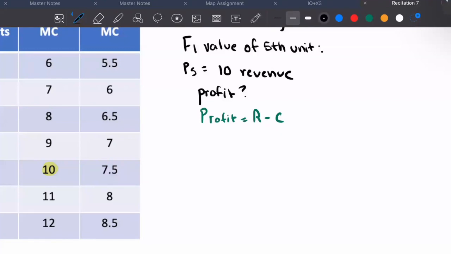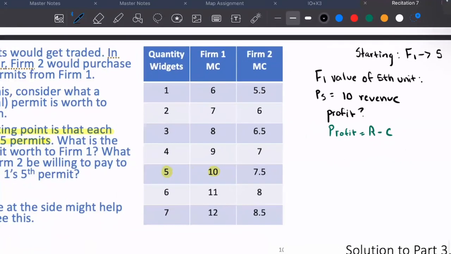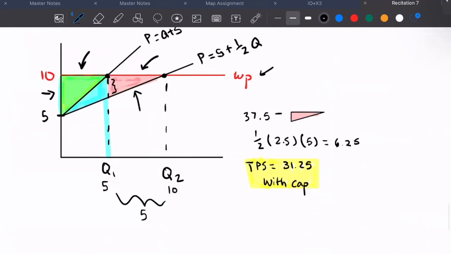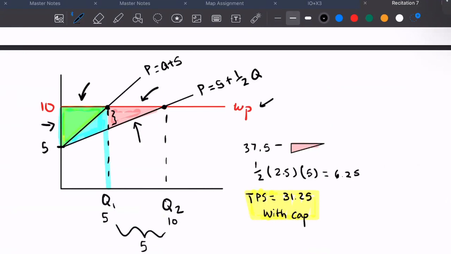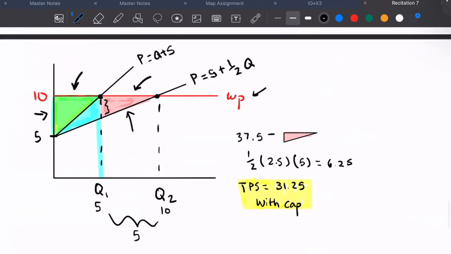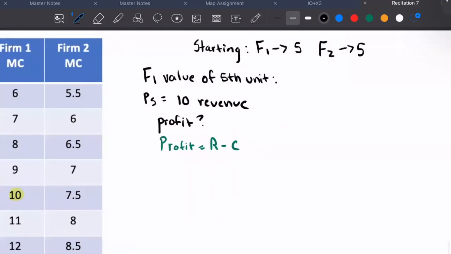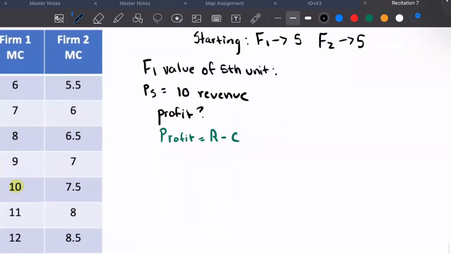So we're given a marginal cost schedule. And the way that we figure out these costs is we know that the supply curve is our marginal cost curve. So all we do is plug in the quantity that we're selling into our production functions. So for example, we're figuring out the value of the 5th unit.